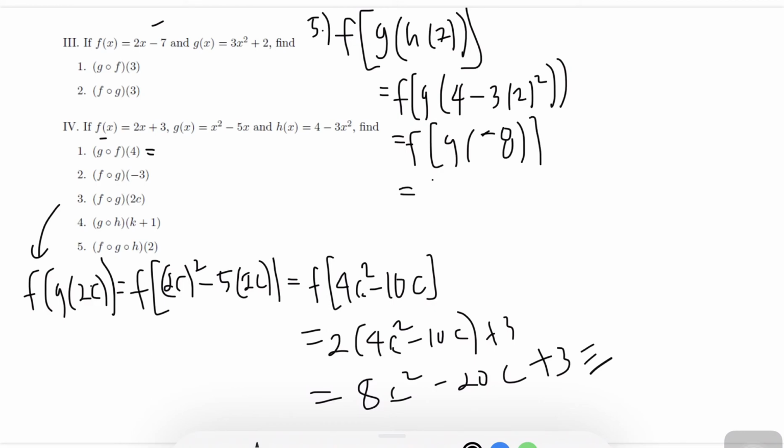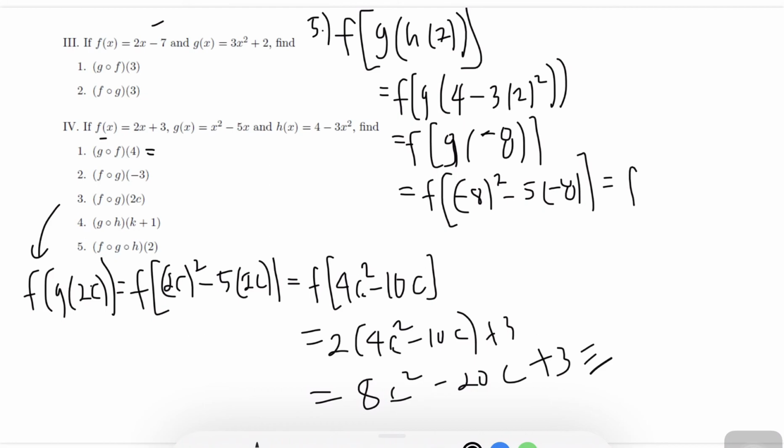So, what is g of negative 8? G is negative 8 squared minus 5 times negative 8. So, use your calculator. So, 104.